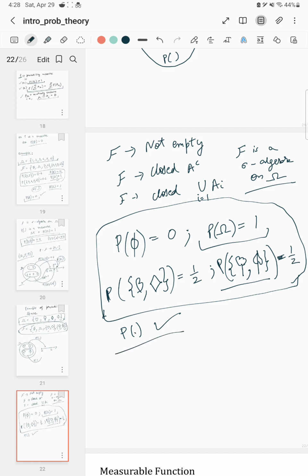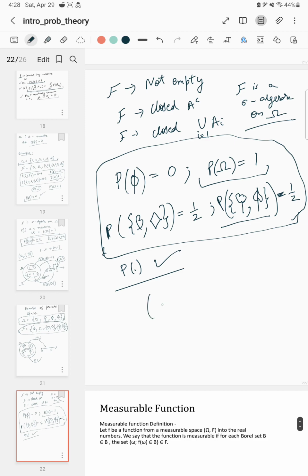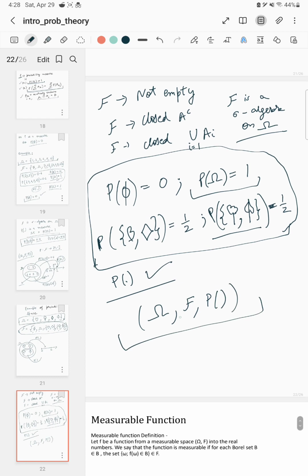This follows all the properties of a probability measure. Hence, omega, F, and P form a probability space.